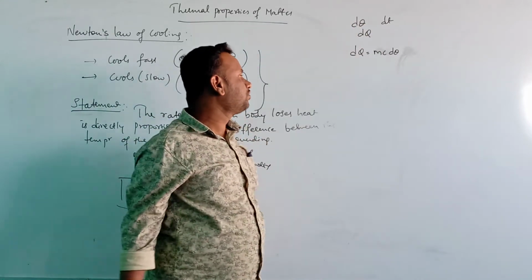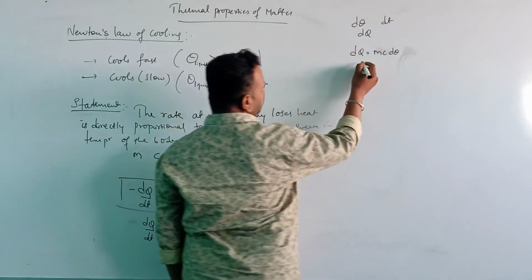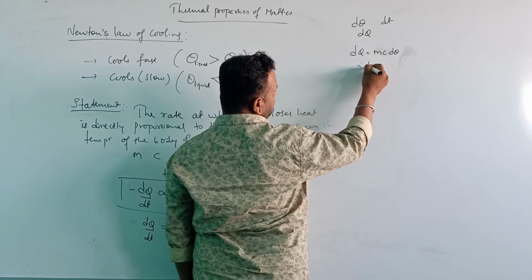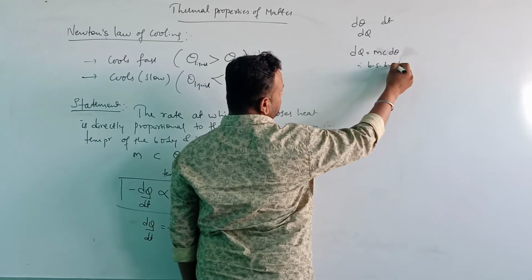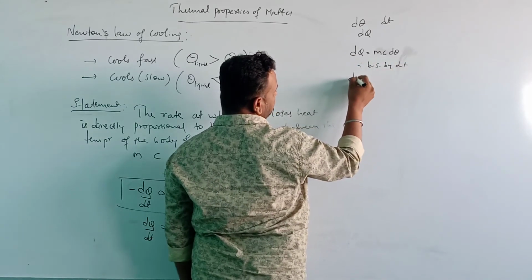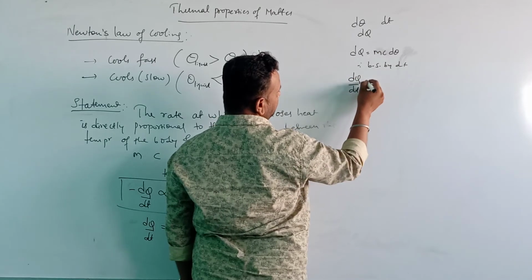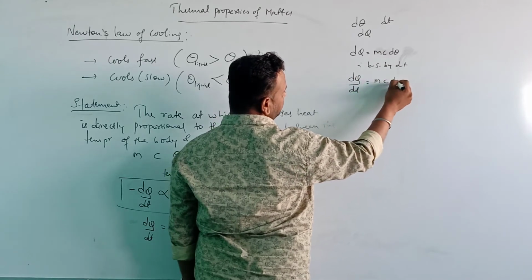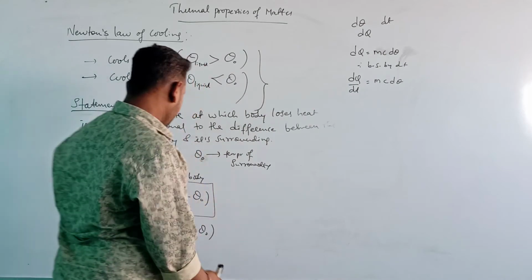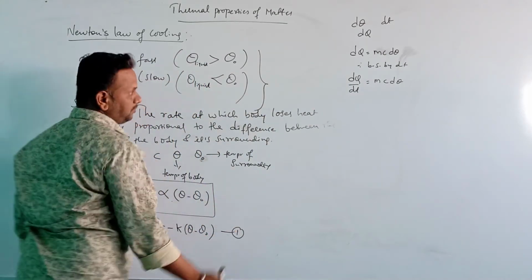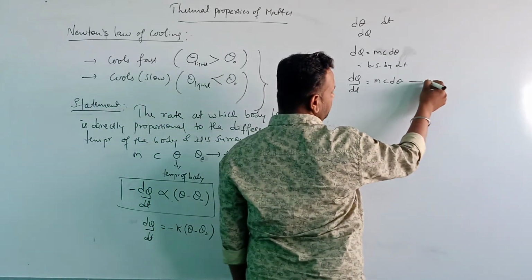Now if I divide both sides by dt, then dQ by dt is equal to m into c into d theta by dt. Take this as equation number 1 and this as equation number 2.